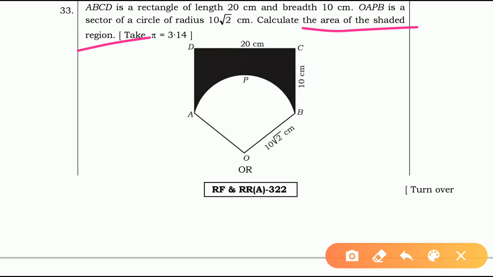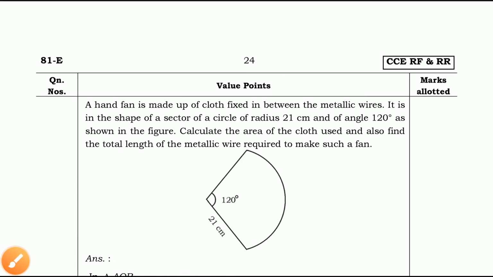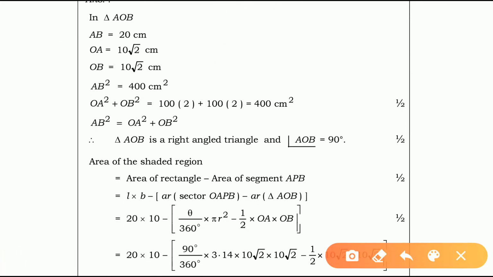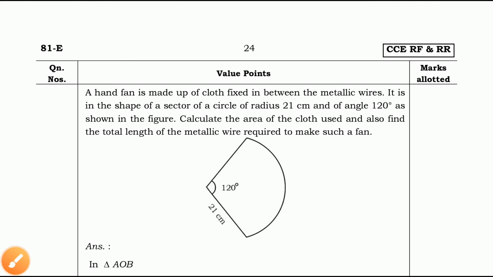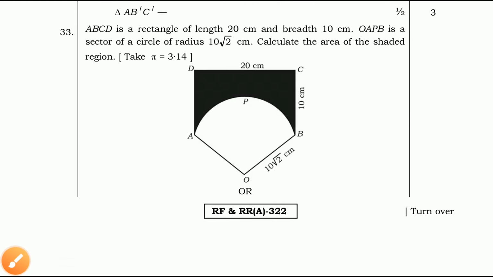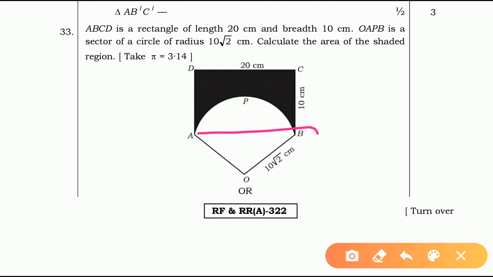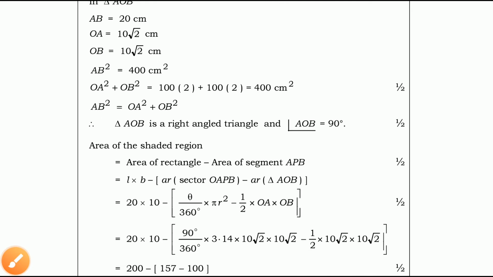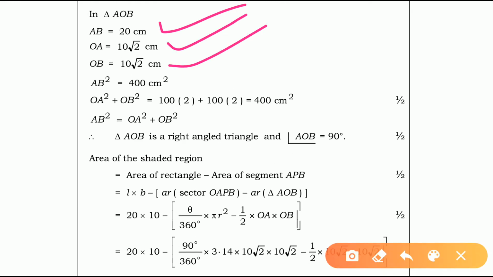In triangle AOB, we join AB. In triangle AOB, AB is given, OA is given, OB is also given.